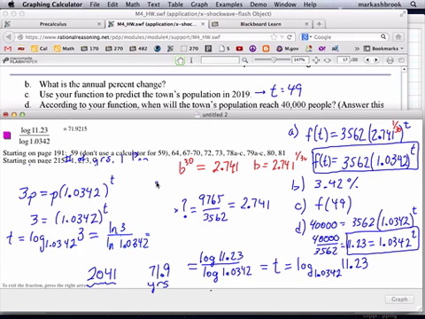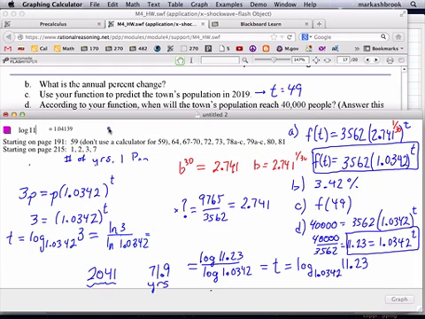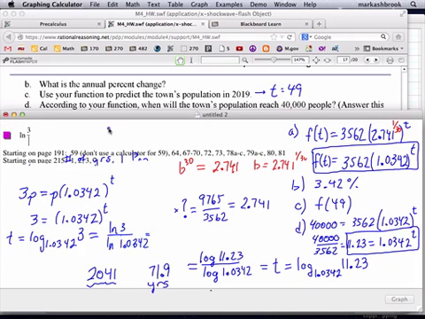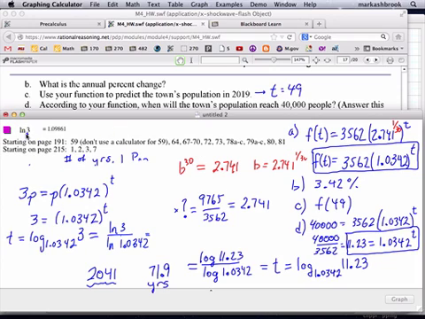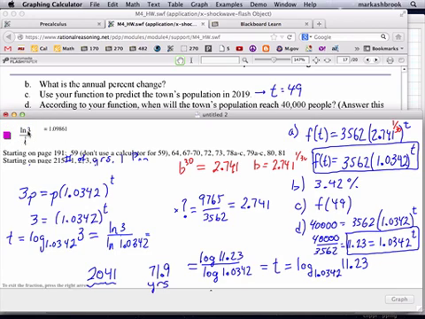Anybody got that? ln of 3 divided by ln of 1.0342, 32.7 years? Is that right?